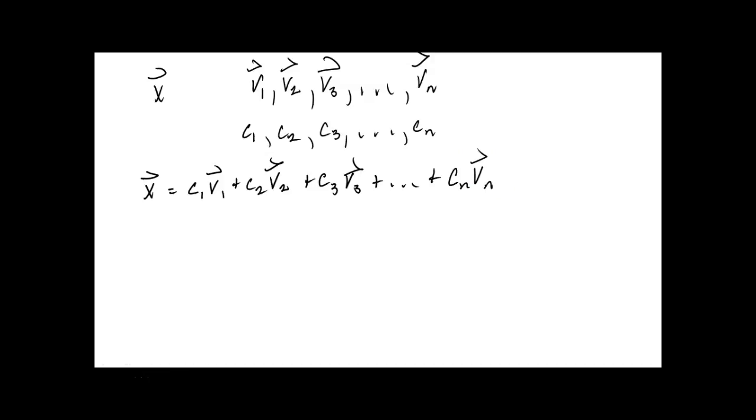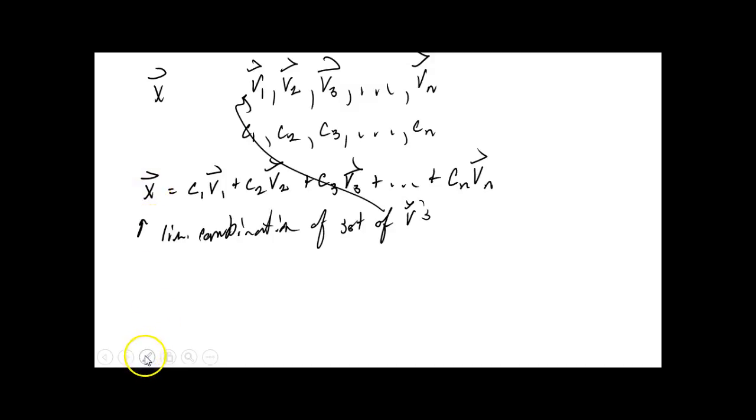Then vector x is said to be a linear combination of the other set of vectors v, okay? I didn't write them all down, but of that set right there, okay? Now, that's sort of esoteric, kind of vague there. Let's actually do one and see if we can understand what it means, okay?